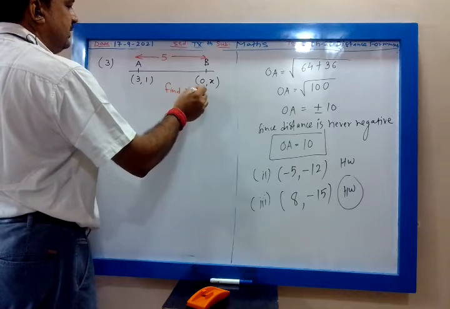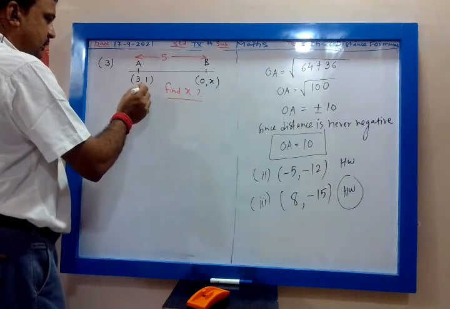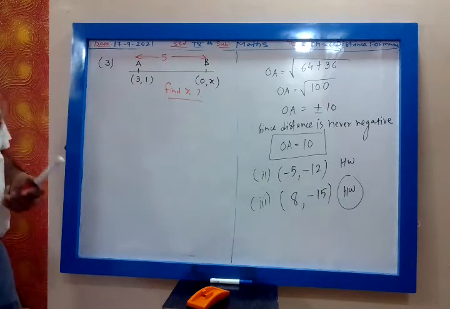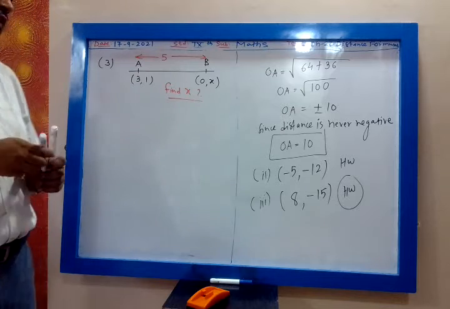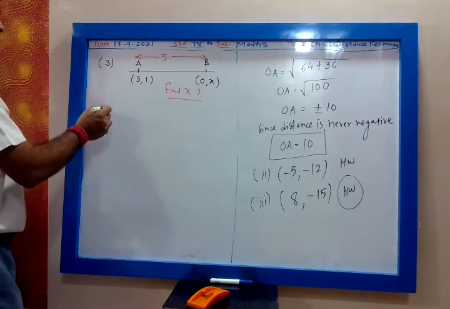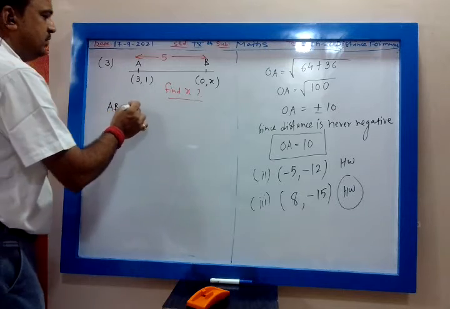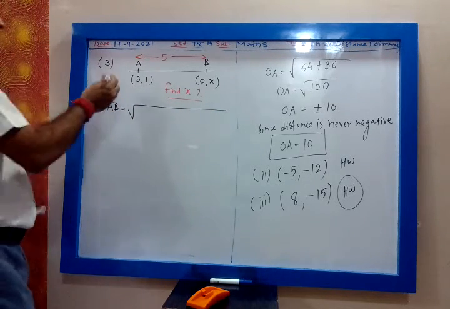Remember this, we always take the difference of the x coordinates and the difference of the y coordinates. We do not mix in distance formula. So what is the formula for AB? Square root of x2 minus x1 square plus y2 minus y1 square.